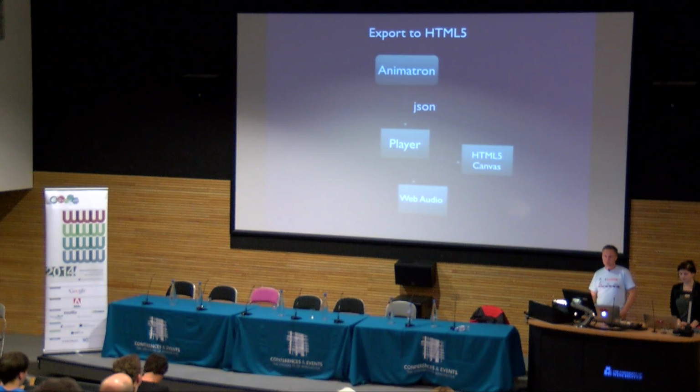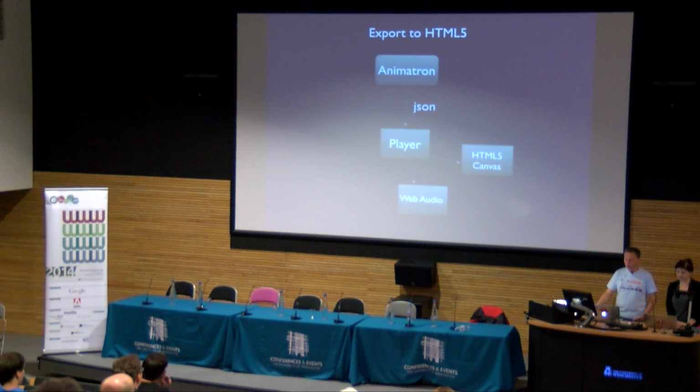Our main publishing option, of course, is our JSON format. We call it HTML5 simply because everything you need to play it is basically an HTML5 compliant browser. How it works, we export our animation model to JSON, and then it's played by our JavaScript player.